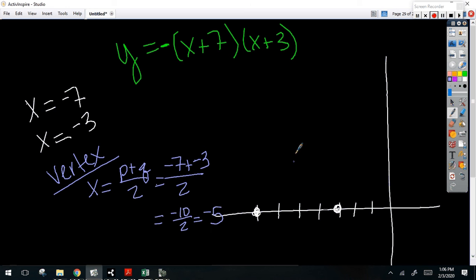So here is my axis of symmetry. How do I find where? Come on, we're almost done. Y'all can do it. How do I find where on the axis? What do I do? Plug it back in. Plug -5 in for your x's.